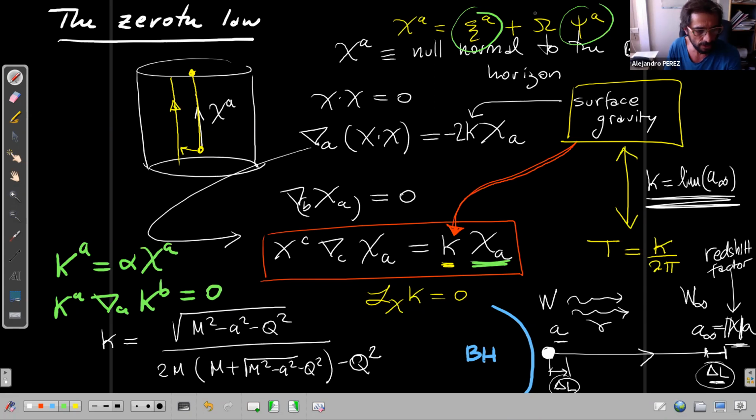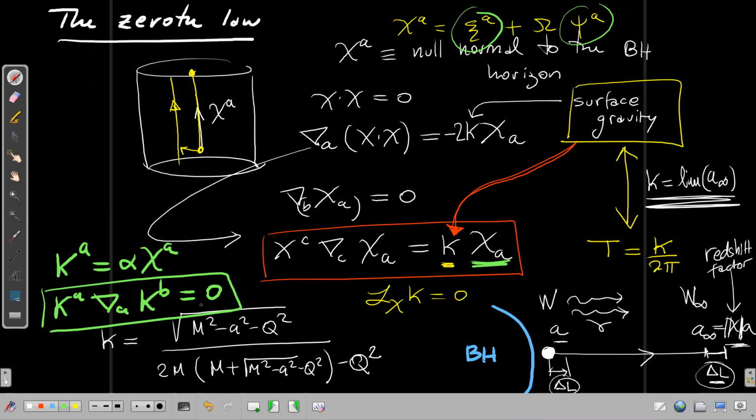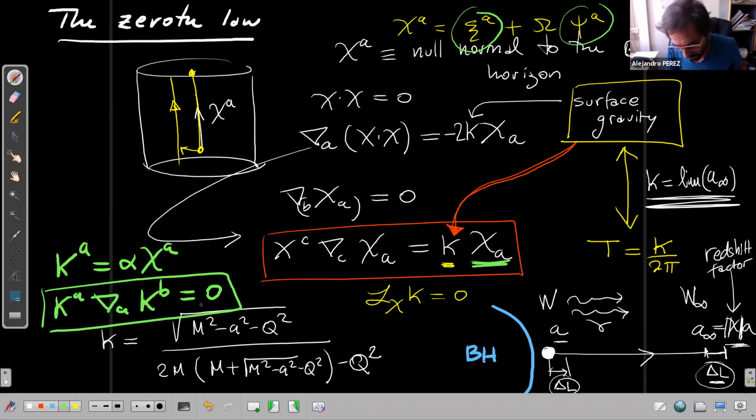Of course, you can go to another generator which would be affinely parameterized, but that doesn't mean that the surface gravity is 0. Surface gravity is defined in terms of a very special null vector, written as a combination of the Killing fields. Moreover, you need to normalize the d/dt part by putting a 1 there, but that's conventional.